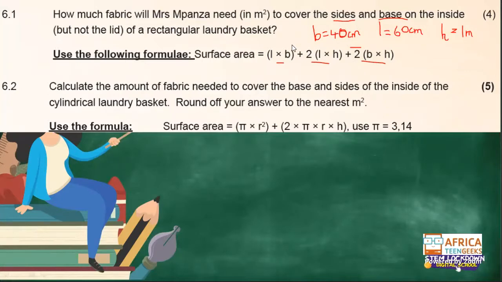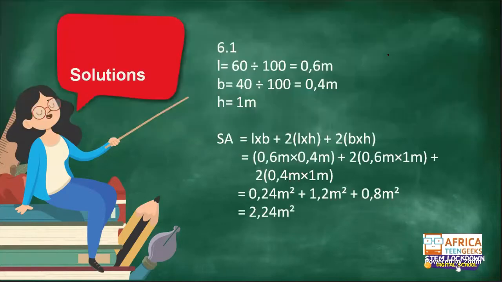But let me show you how I actually did 6.1. Okay, first of all, my answer must be in meters squared, right? So all of my variables must be in meters. All of them must be in meters, right? Okay, so my length is 0.6.